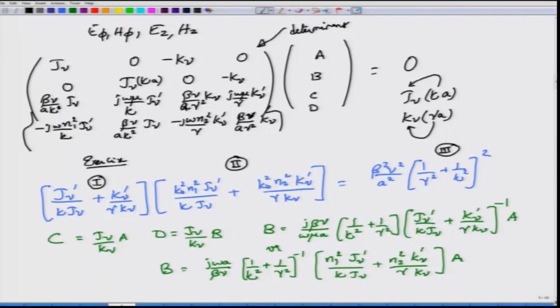The term 2 is essentially the same as term 1, except that J nu prime is multiplied by k0 square n1 square, whereas the K nu prime term is multiplied by k0 square n2 square. So except for this multiplication, these two terms are essentially similar to each other.